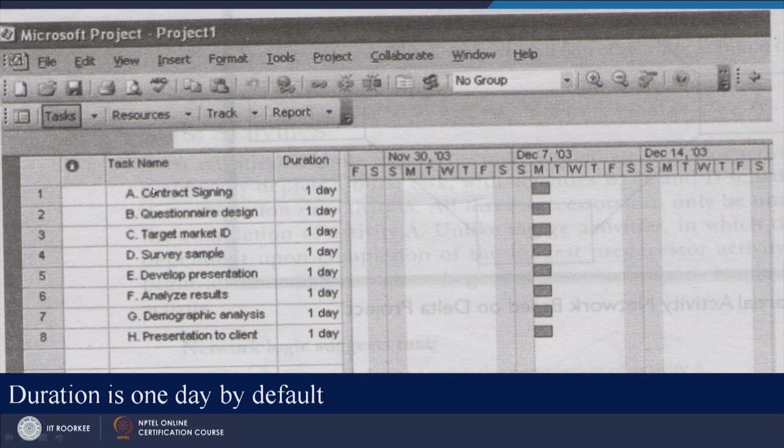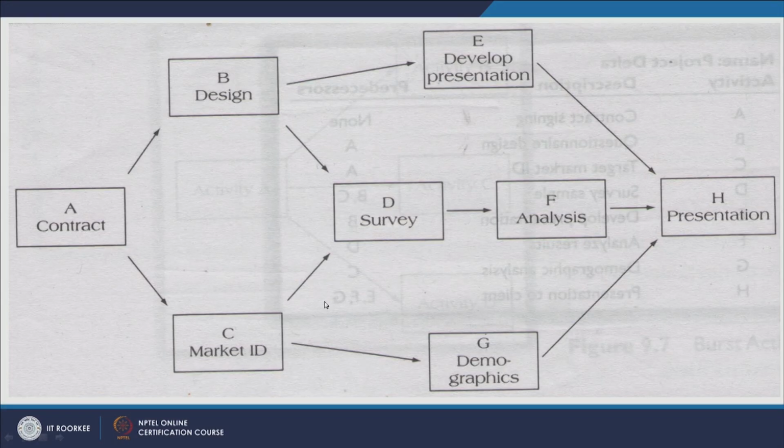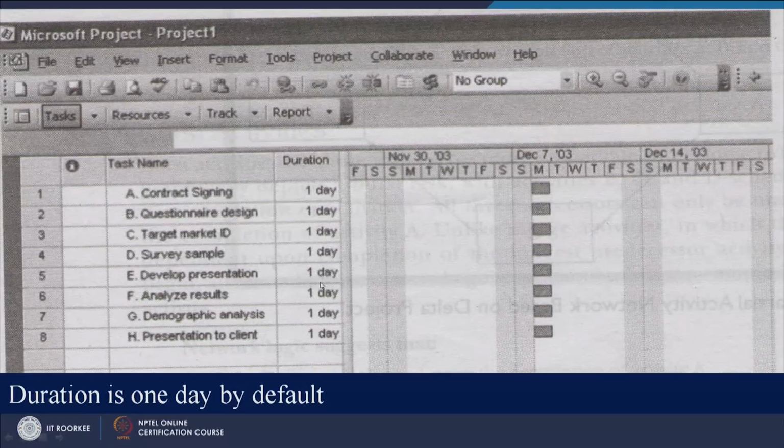So, all these activities are here: contract signing, questionnaire design, target market, survey sample, develop presentation, analyze results, demographic analysis and presentation to client. Now, if you look at the duration, here it is 1 day. Actually this comes by default. Now, you need to set duration in each of these cells for this particular project.